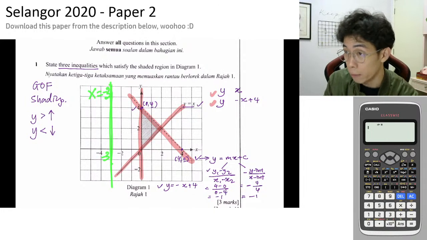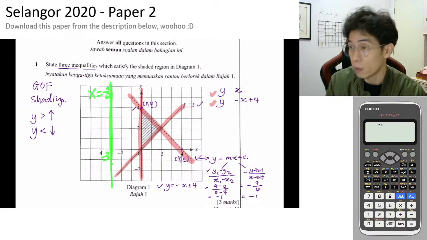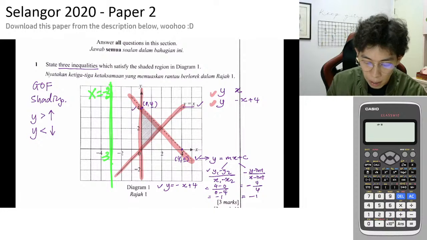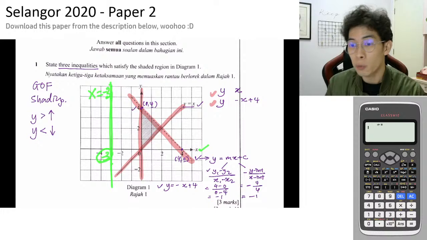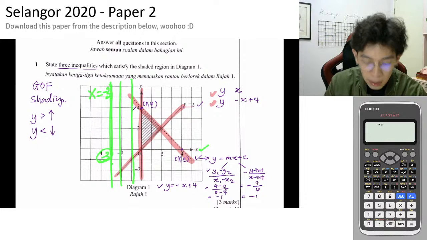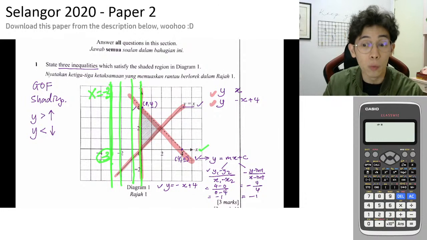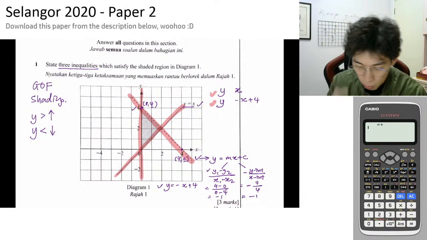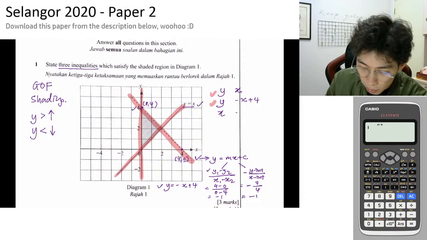The reason being because this green line passes through the x-axis at -3. It's that simple. So imagine if I move to the side, this will be x equals -2, x equals -1, and this line in the middle will be x equals 0. You get it? So I'll write there x equals 0.